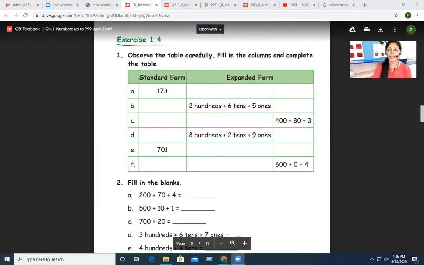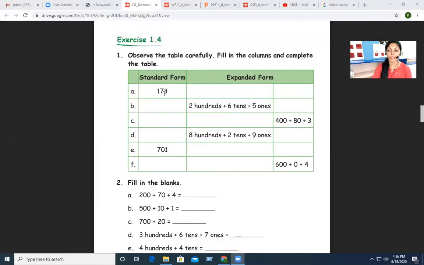Okay, in the standard form here, you have to write it in standard form. Okay, in the expanded form, you will write it in expanded form. Okay, you have to expand the number and write. So the first one, they have given the standard form, 173. I showed you two ways of writing in expanded form. So you have to write both.